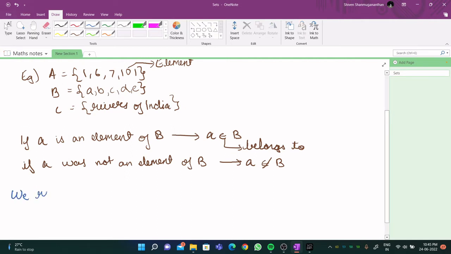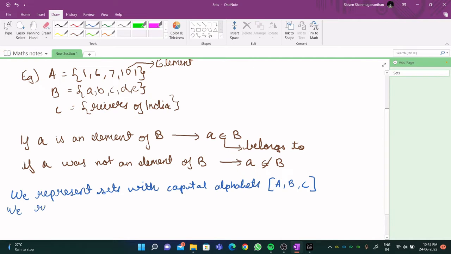We represent sets with capital alphabets, so that will be A, B, C, etc. And the elements are usually small alphabets.